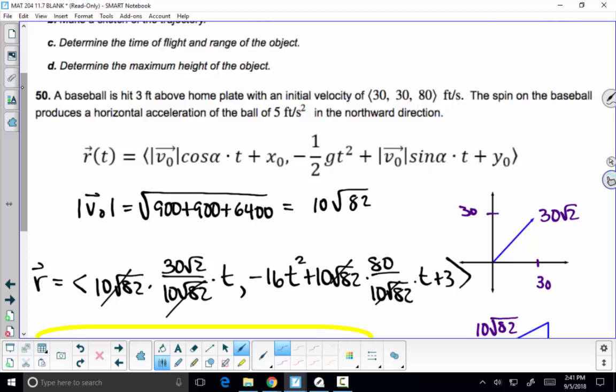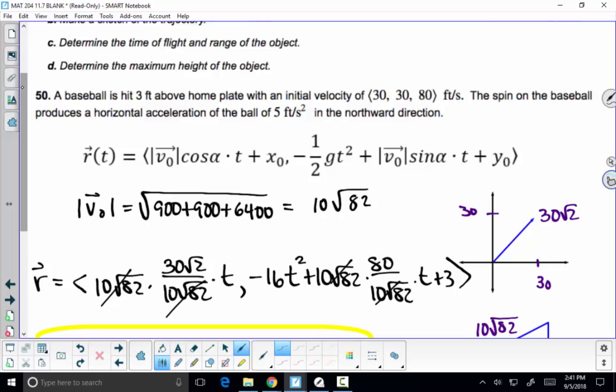Oh, you know what we did was we dragged in the equation. We should have just rewritten this equation because this equation is assuming that we start at 0 and negative g. So there's going to be the vertical acceleration due to gravity, so the negative g part is there.